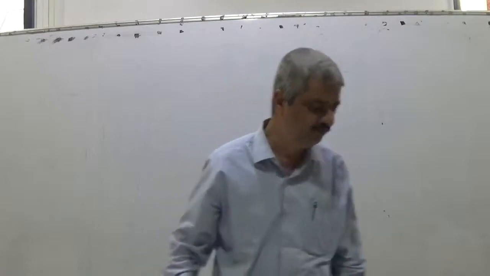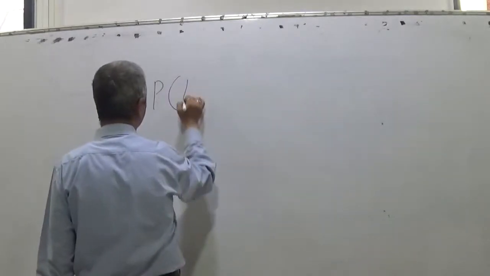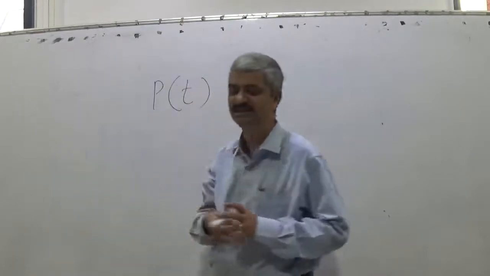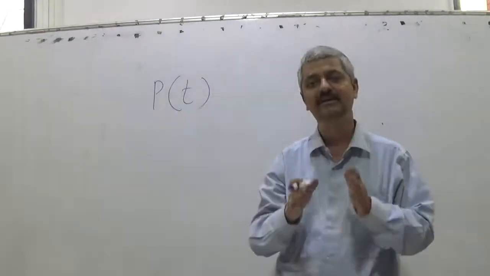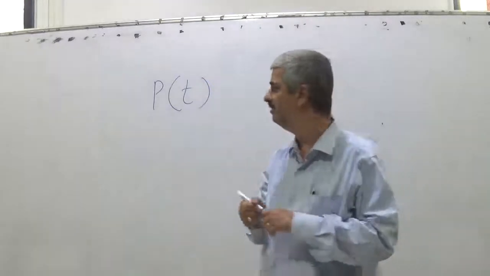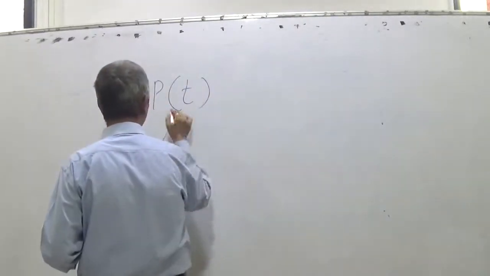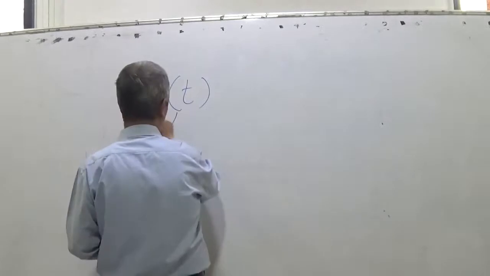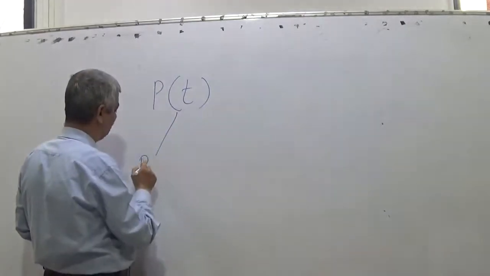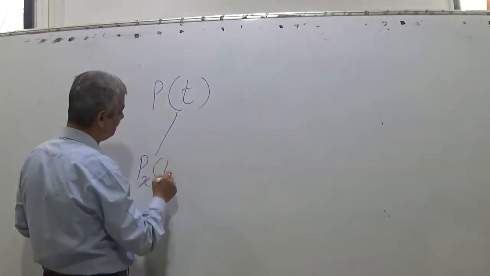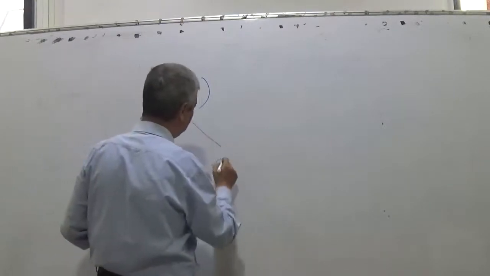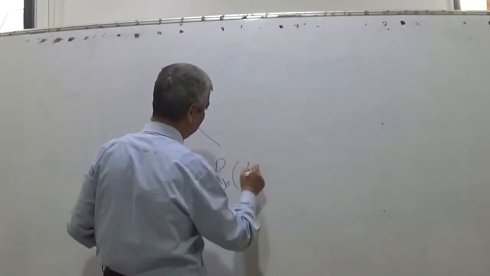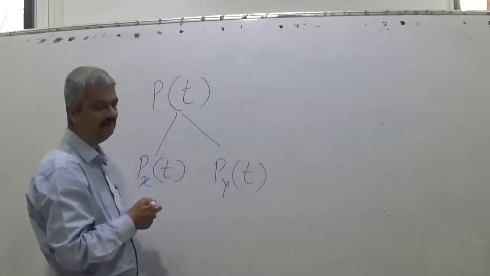So what I repeat is, the signal which we normally use is a position signal p(t). A position signal p(t), a 2-dimensional signal, is described by 2 1-dimensional signals, px(t) and py(t).